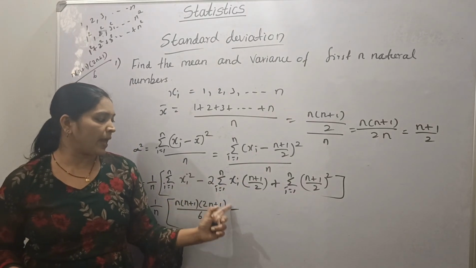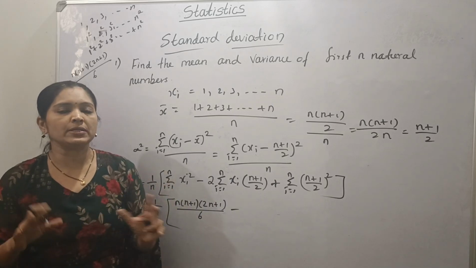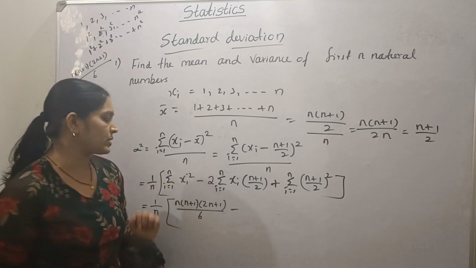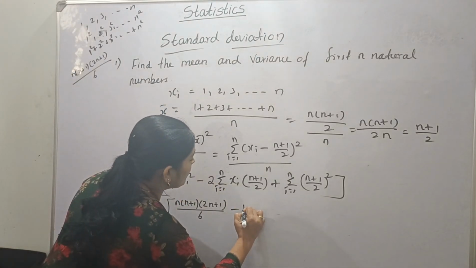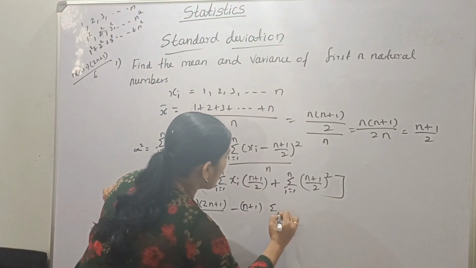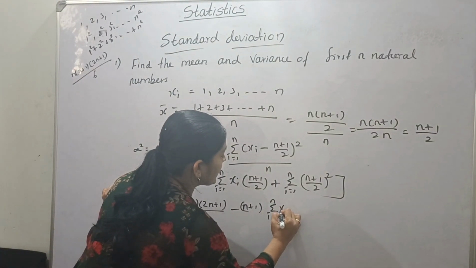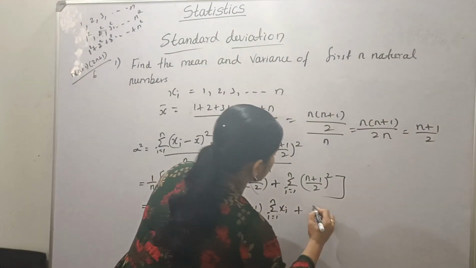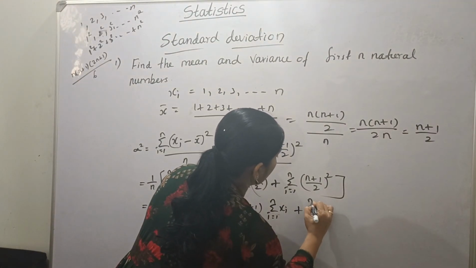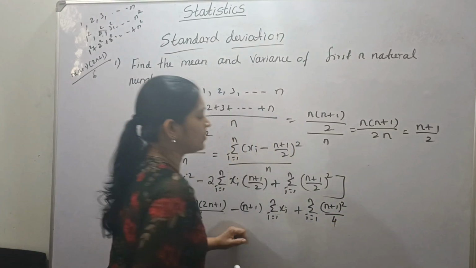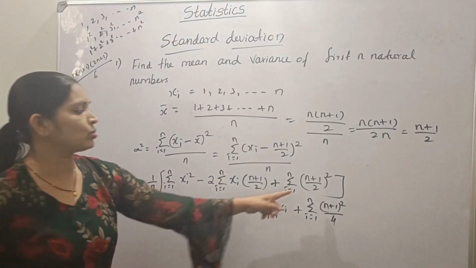Here we are applying the sum over i, right. So here we can take this n plus 1 by 2 outside. So it will become n plus 1, because 2 will cancel, times the sum from i equal to 1 to n of xi, plus, write as it is, the sum from i equal to 1 to n of n plus 1 whole square by 4, 2 square, 4.